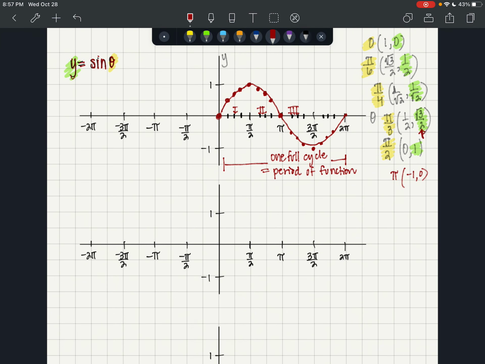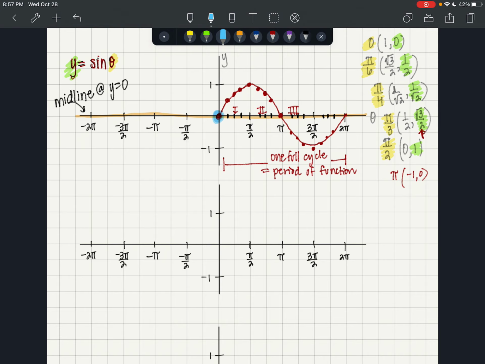I'm going to just tell you with my language what happens. Okay, listen very closely. Sine starts at what we call the midline. So this right here is called the midline. That's the middle. So the midline is at y equals 0. We have a maximum and a minimum.